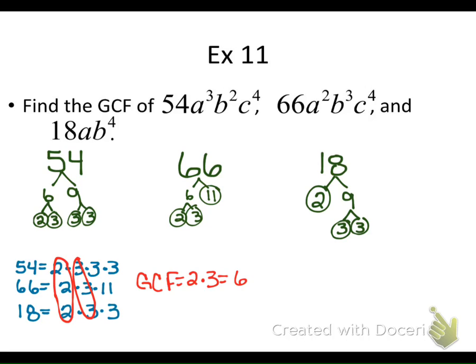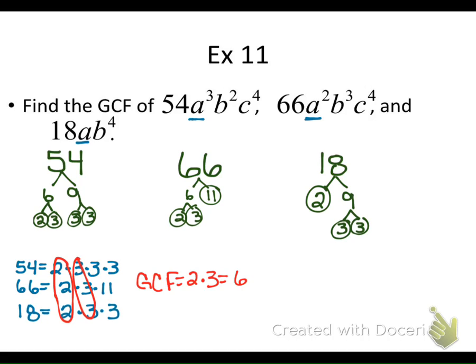Now what about the variables? Once we find our numbers, then I focus on my variables. I go back up, and I always work left to right. I start with my first term, and I see that it has an A with it. I'm a visual learner, so I underline the A. Does 66 have an A? Yes. Does 18 have an A?